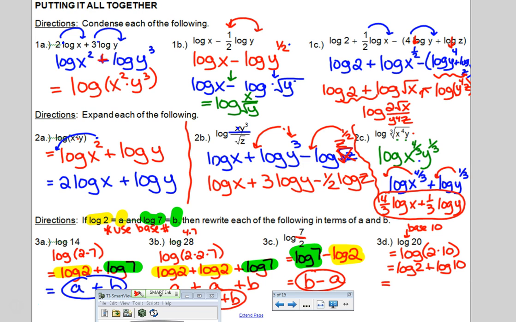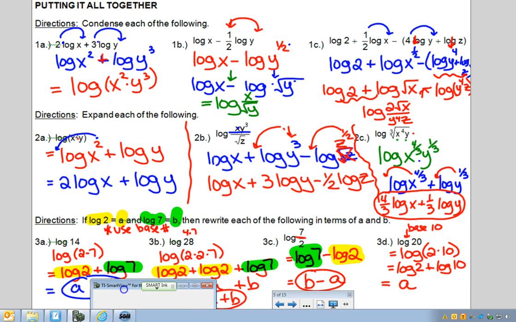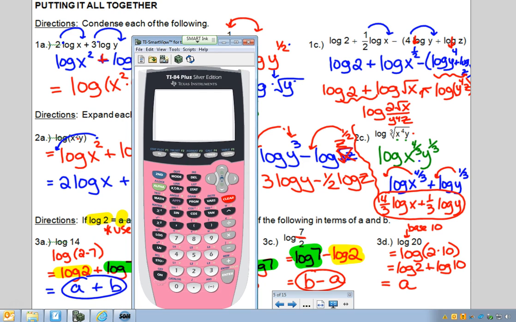The log of 2 is going to be written as an a, and if you're working with the base number, you know that that can actually simplify. The base is 10. That means what exponent makes a base 10 become a 10, and it's a 1. Now, if you don't know that, that's okay. If you're working with the base number, you can actually just put log 10, and that's why the answer is 1, because the exponent that makes a 10 is a 1.